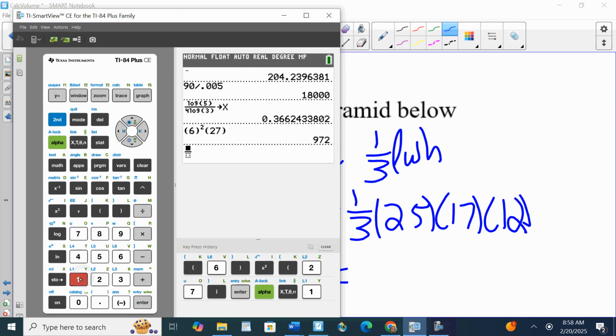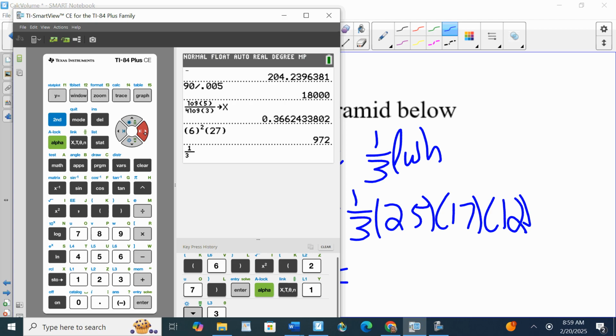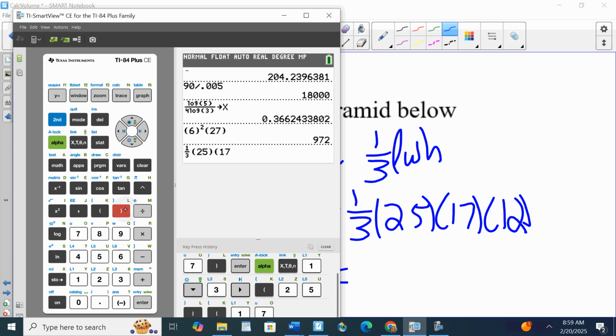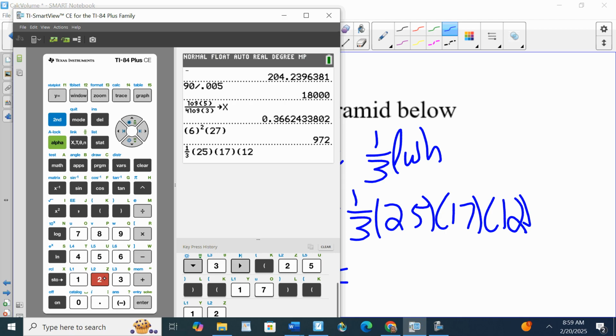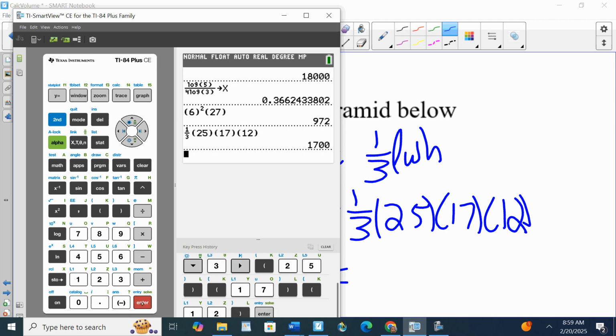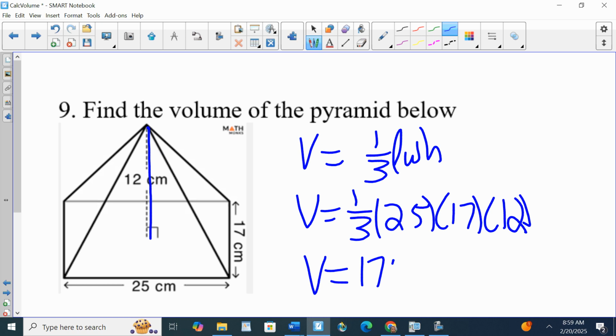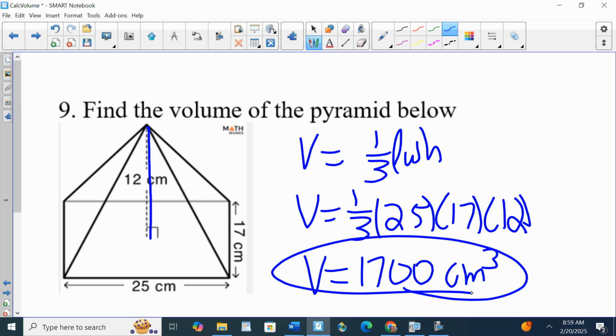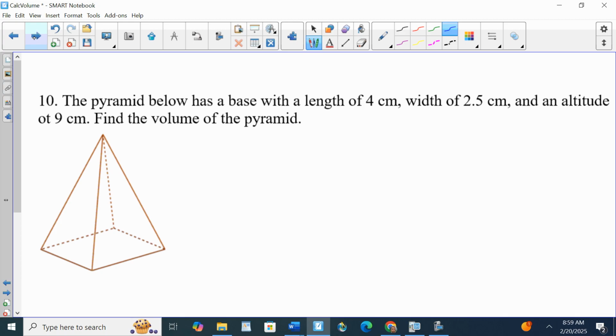Alpha x, 1/3, 25, 17, 12. This whole lesson, at least so far, it's really just substituting into formulas. 1,700 cubic centimeters. So we're going to progress towards some twists.